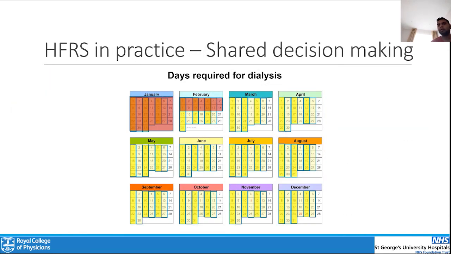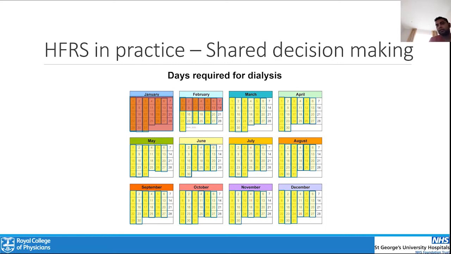So then how would you be able to use this type of data? So one of the important reasons for diagnosing and looking at frailty is to then ultimately have an impact in your patient and counselling your patient and speaking to your patient and their relatives about their treatment.